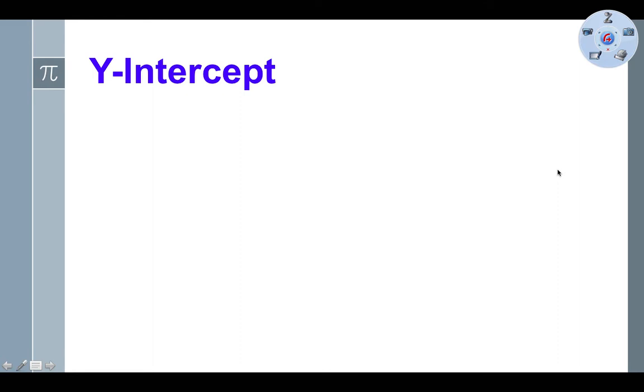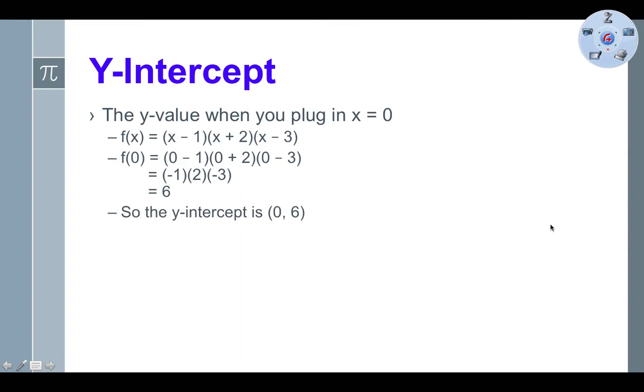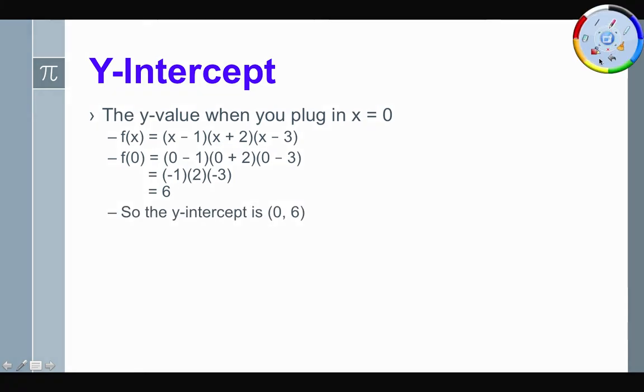So a y-intercept is the same thing we've been dealing with every day for the last however long we've been doing this class. The y value when you plug in x equals 0. So if I gave you a function like this, all you have to do is plug in 0. When you plug in 0, in this particular case, you get 6. So my y-intercept is the point (0, 6).